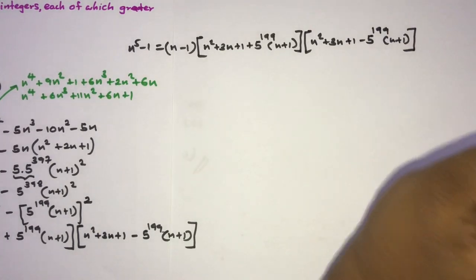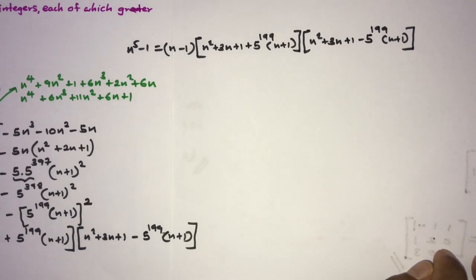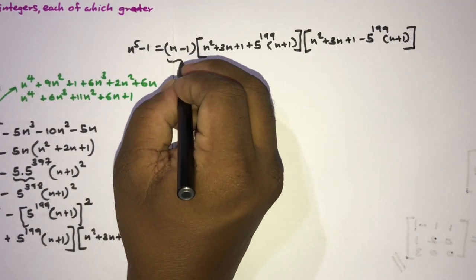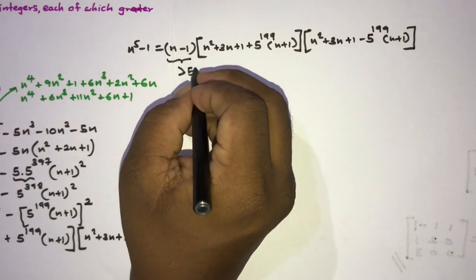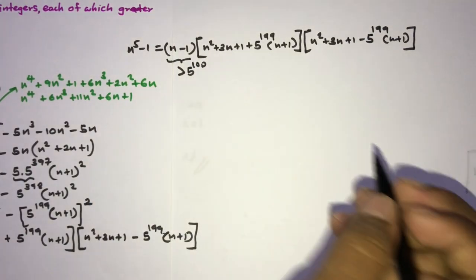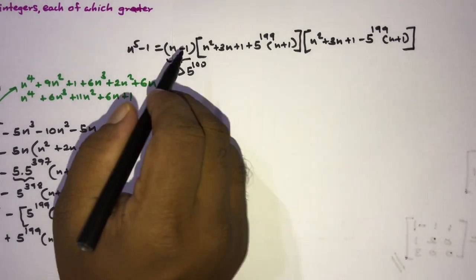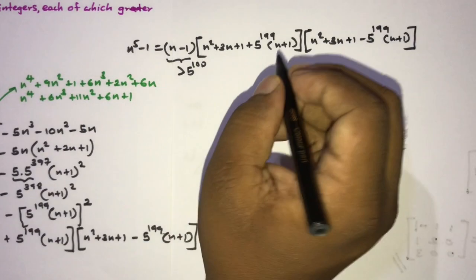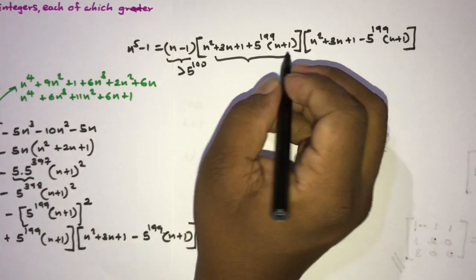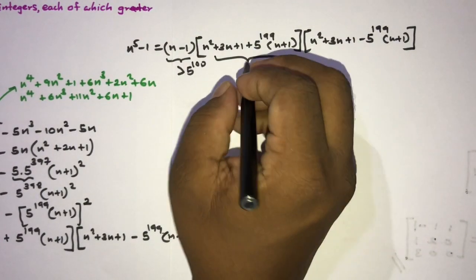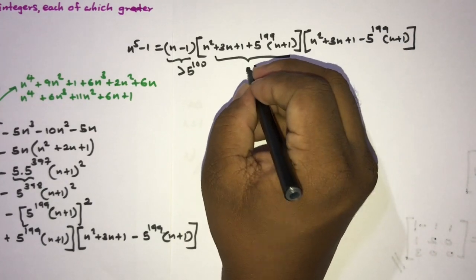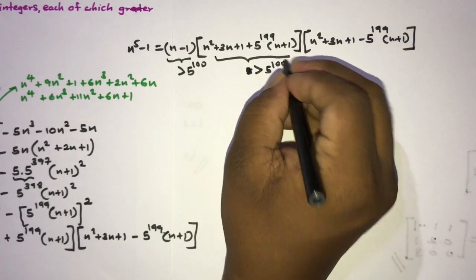Okay, now we have three factors, and we know n minus 1 is always greater than 5 raised to the 100th power, since n is equal to 5 raised to the 397. Also it is obvious that the second factor is greater than 5 raised to the 100th power.